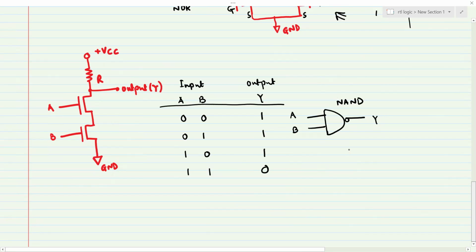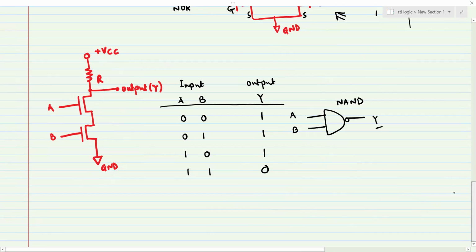using NMOS switches, right? So output of the NAND is logic 0 when both inputs are 1. For any other input combination, your output is always 1. So that is how the NAND logic works. Okay, for the AND gate, you have to just place an inverter in front of this and then make it like that.